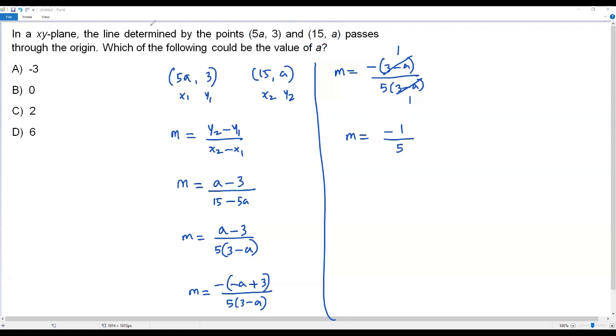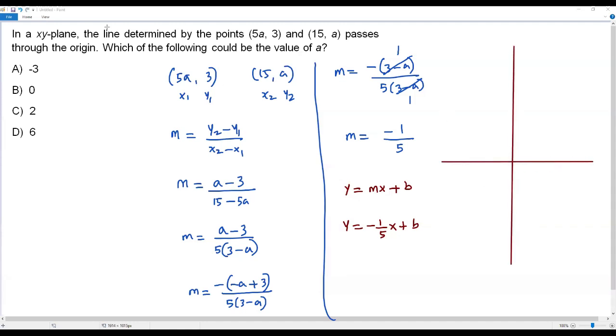Now let me write the equation of the line in slope intercept form, that is y equals mx plus b. Here we can plug in negative 1/5 for m. This b is the y coordinate of the y-intercept. To get the value of b, I'm going to draw an xy plane over here. The slope of the given line is negative 1/5.